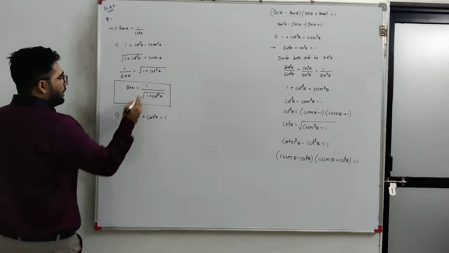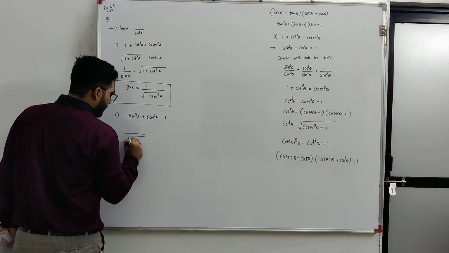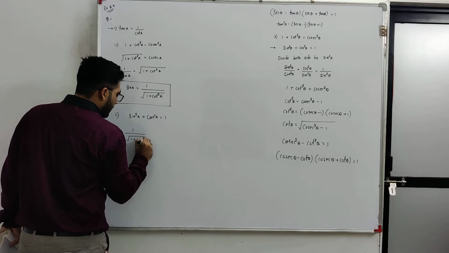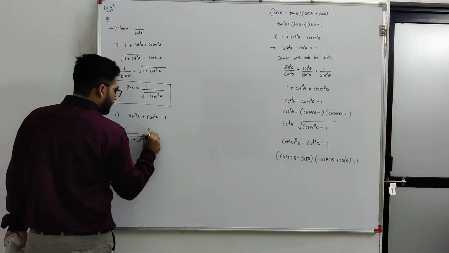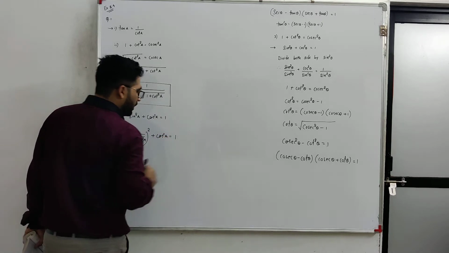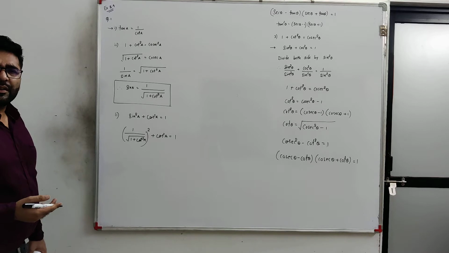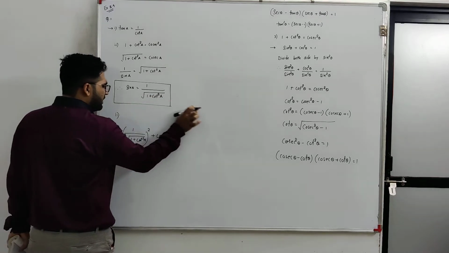When I put the value of sin A from above, I get (1 upon under root of 1 plus cot square A) whole square plus cos square A is equal to 1. Now, this is somewhat complicated, so let me take another method, a shorter method.